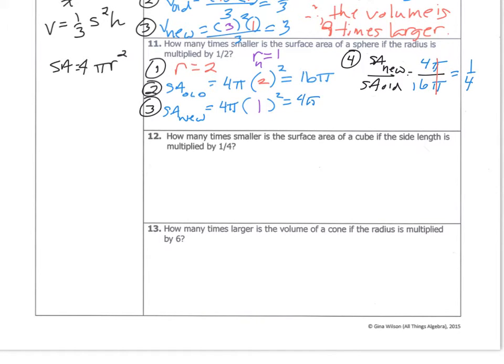So isn't the surface area of the new 4 times smaller? It's 1/4 as big, but it's 4 times smaller. So make sure you focus on how they ask that. Therefore, the surface area is 4 times smaller. Because it's 1/4, it's smaller, not larger. Notice that I always do new over old.